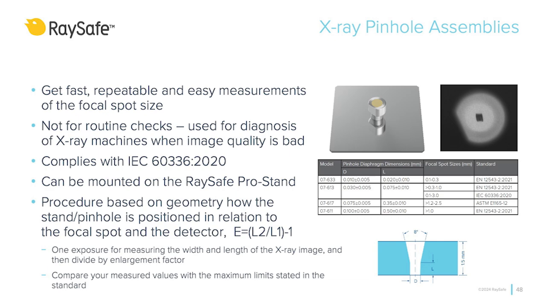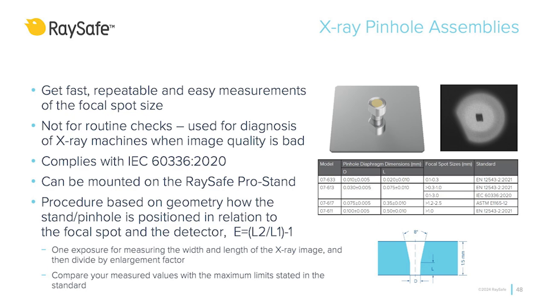Exposure. Perform an X-ray exposure. The X-rays that pass through the pinhole form an image of the focal spot on the detector. Because the pinhole only allows a narrow beam through, the resulting image is a magnified representation of the focal spot. Image analysis. Analyze the captured image. Measure the dimensions of the focal spot image.